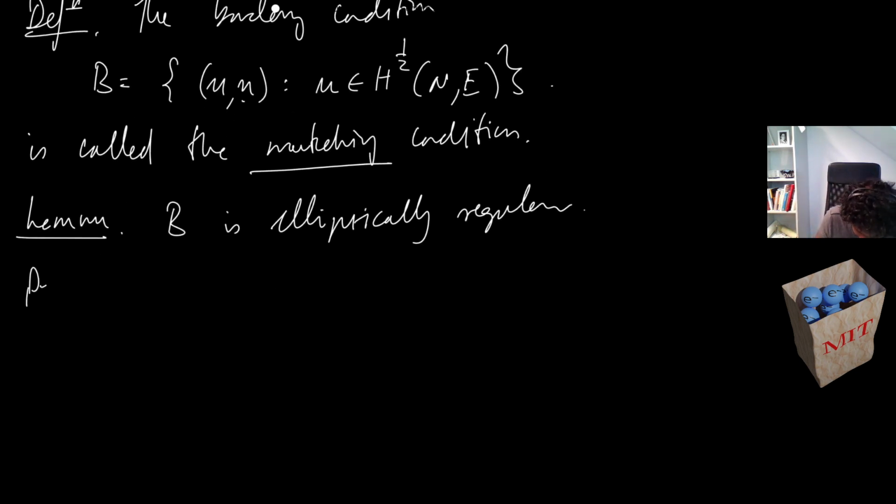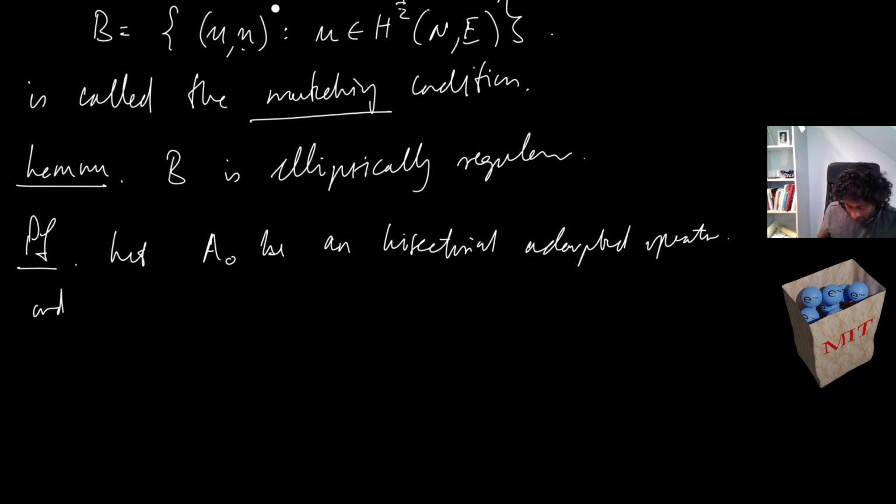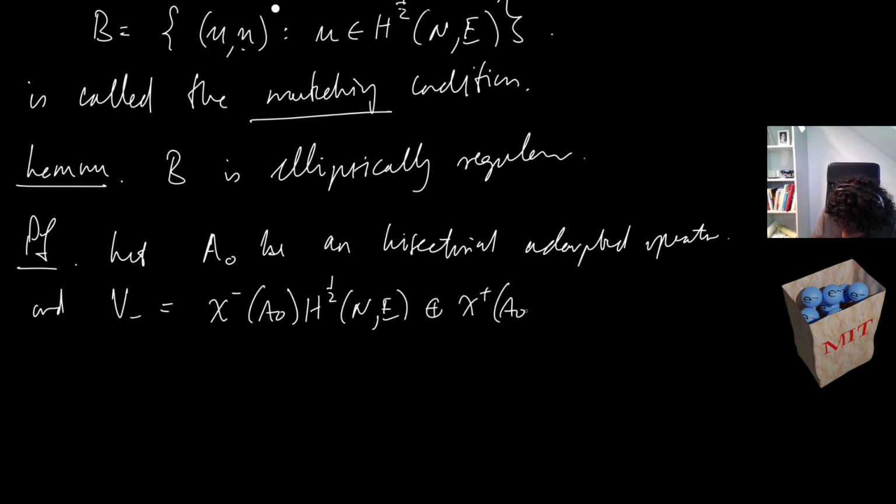So for the proof, let A naught be a bisectorial adapted operator, and what do we write? So we write V minus equal to chi minus A naught H half N E plus chi plus A naught H half N E.